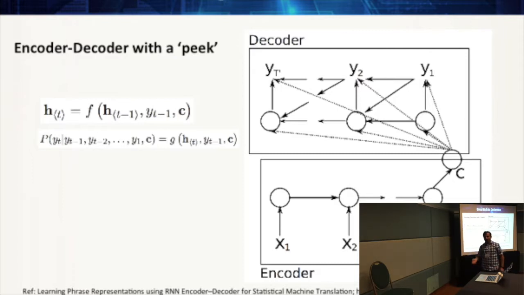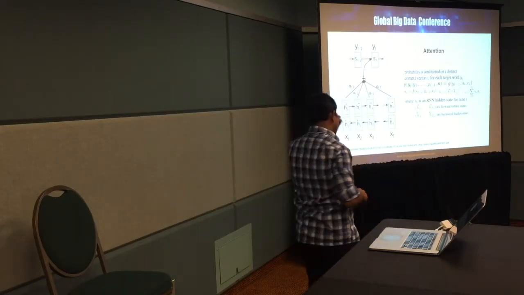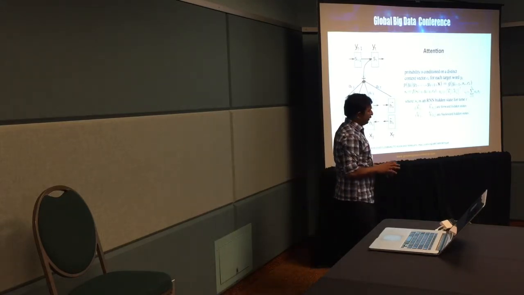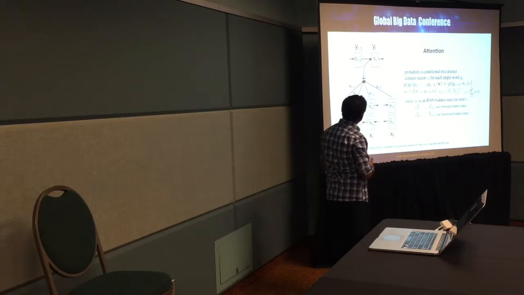Having a peek at the encoder hidden state at every timestamp also helps. So this is relatively simple, relatively important, but the most important concept in NLP is attention. This is used in multiple locations for translation and summarization and so on.